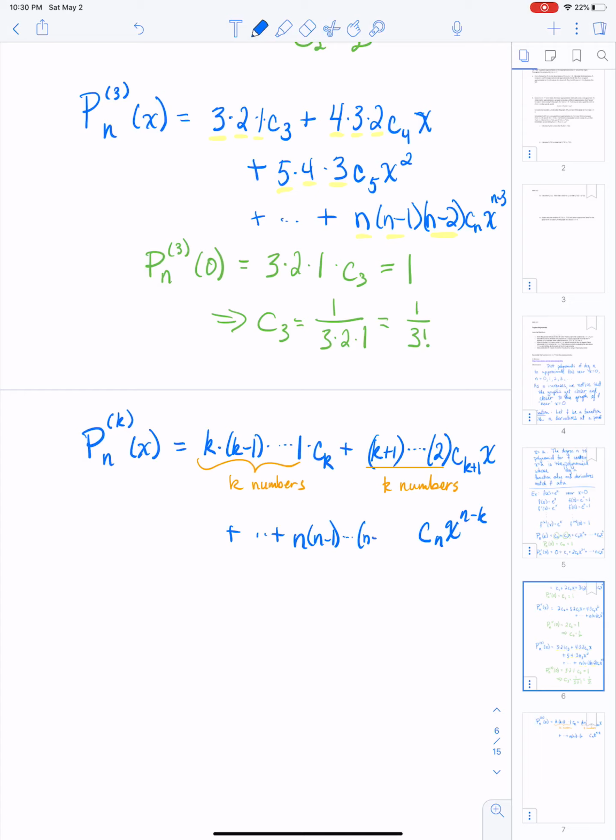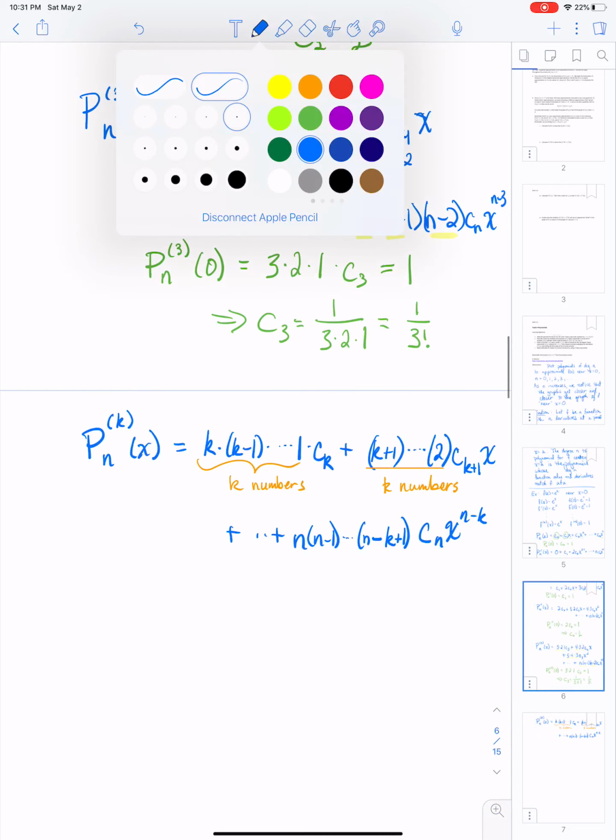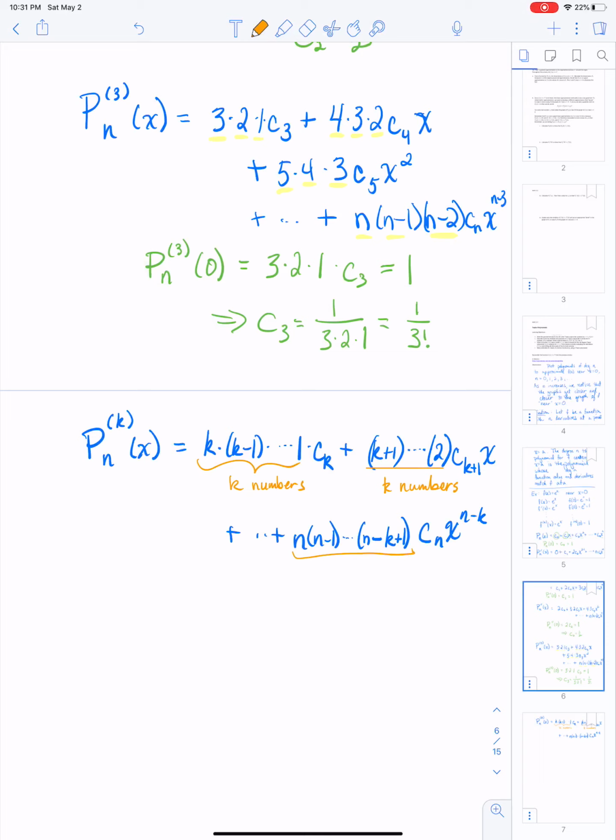So this should be n minus k plus 1. And again, there are k numbers here in this product.